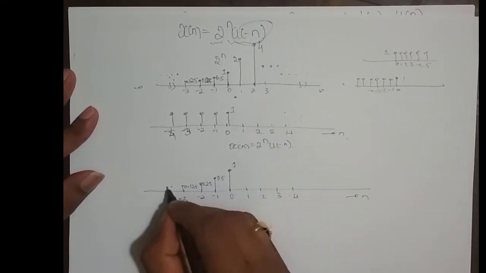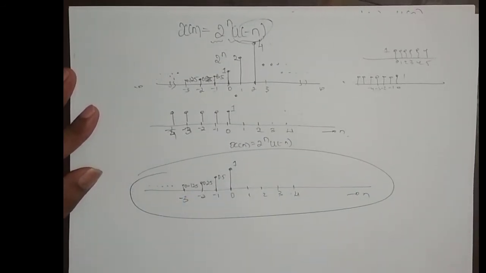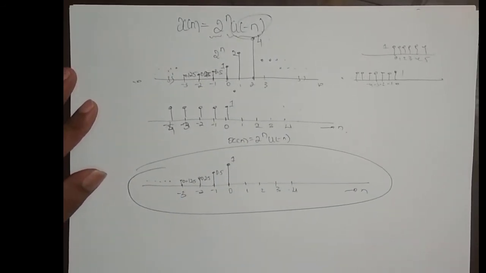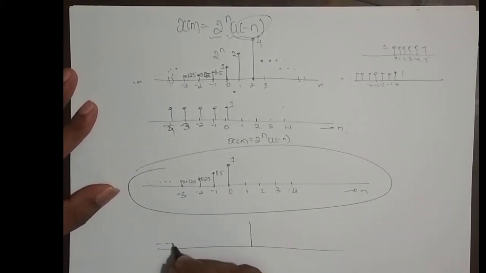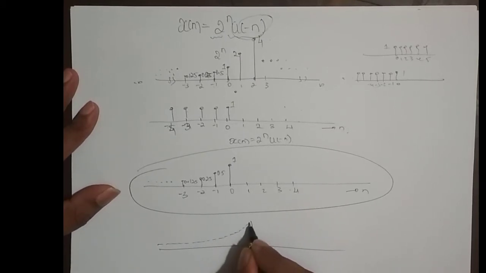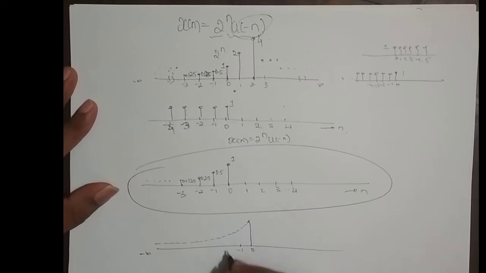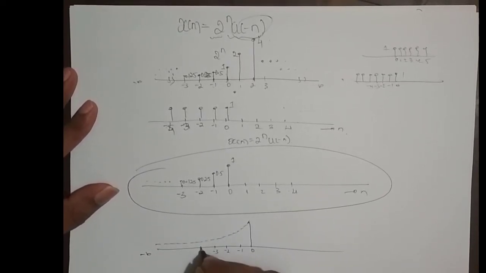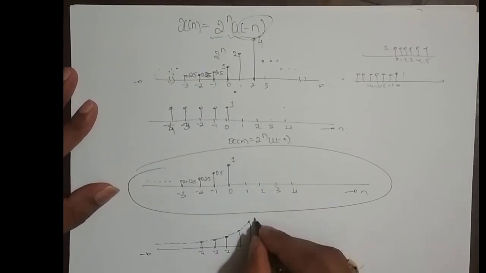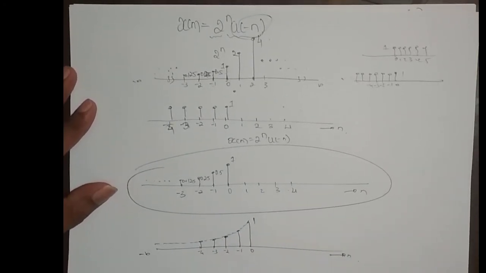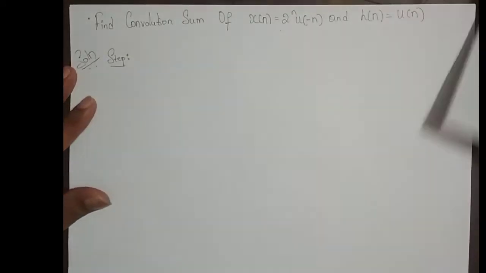So this is the signal x of n, which is 2 power n u of minus n, which looks something like this. It's exponentially increasing from minus infinity. Now I'll plot the x of n sequence.